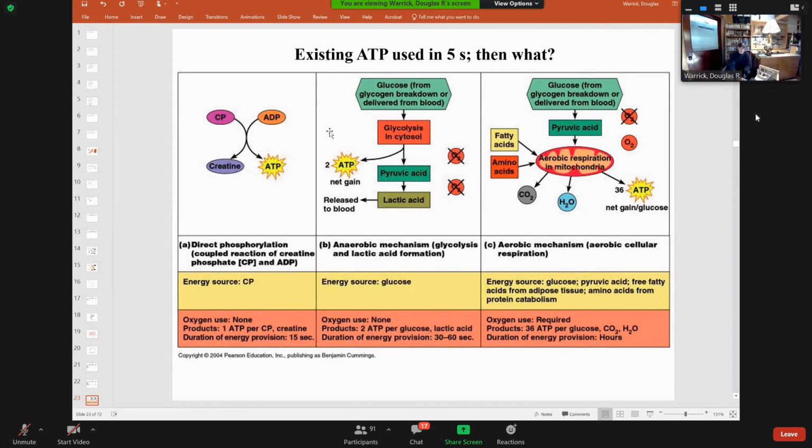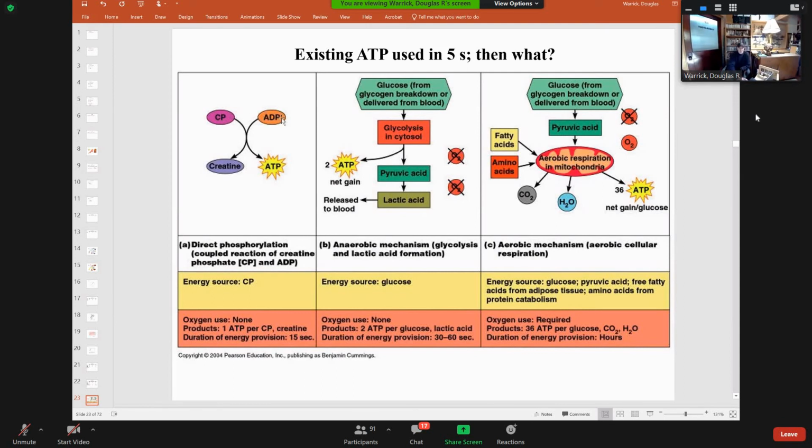Well, we have this backup, the emergency change jar right here, in the form of creatine phosphate. Creatine phosphate, which is CP here, is held inside the cells. It's just creatine with a high energy phosphate bond and inorganic phosphate.